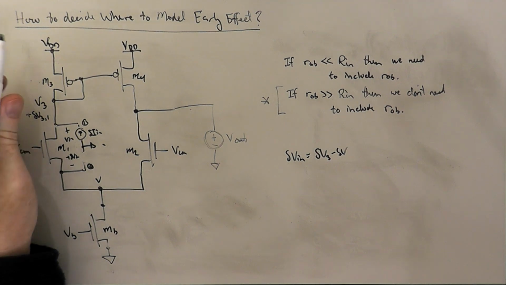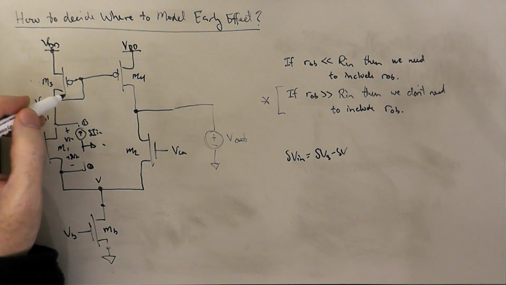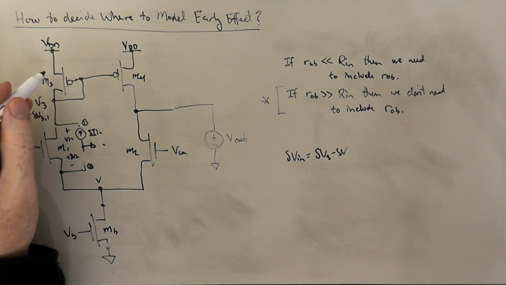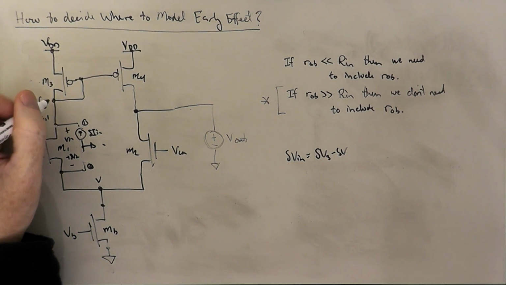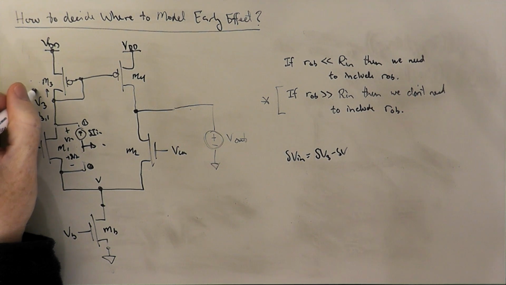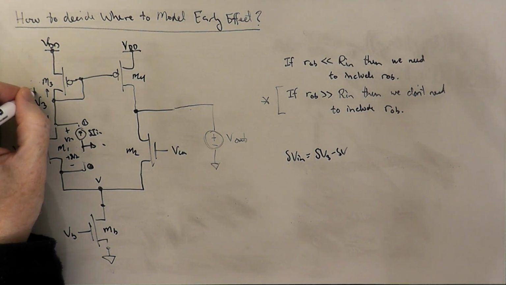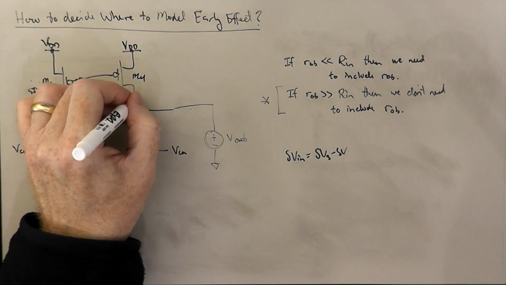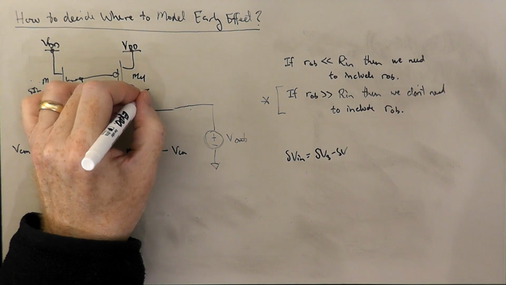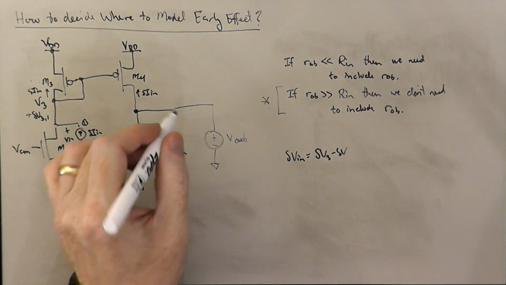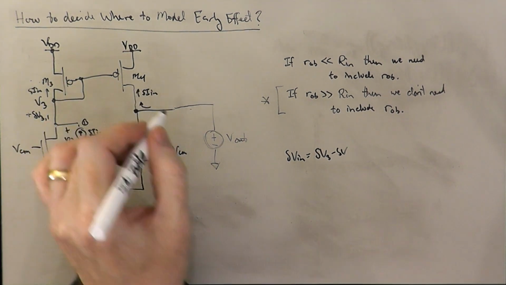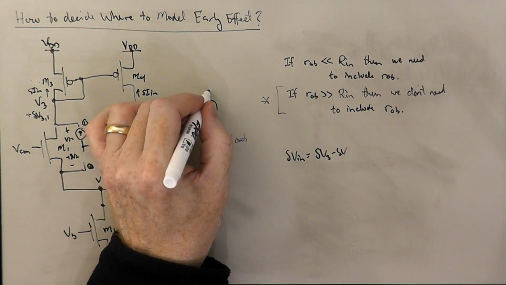And that's going to be given by just the 1 over GM3, right? And so that's going to be mirrored here. That's going to go into this current mirror, delta IN rather. It's going to be mirrored by M4. And that's going to be supplied by the output voltage source.